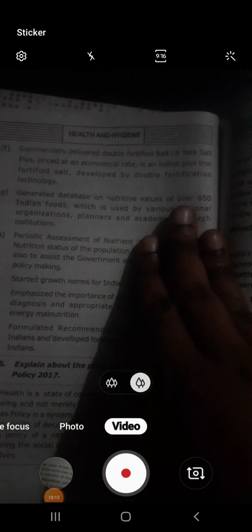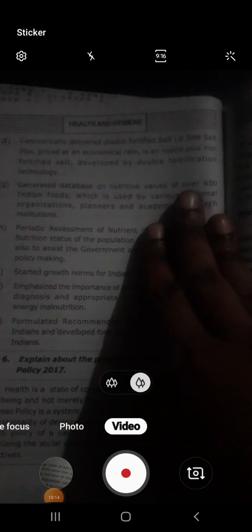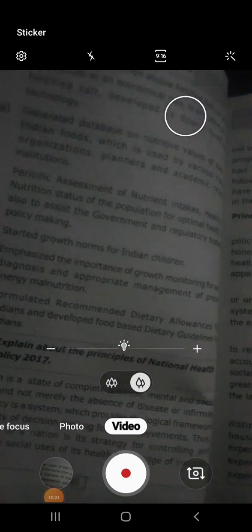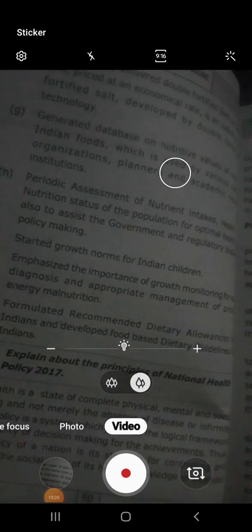Also we have fortified salt, which is Tata Salt Plus, priced at an economic rate, with iodine plus some fortification. The salt indicates what we call fortified salt.